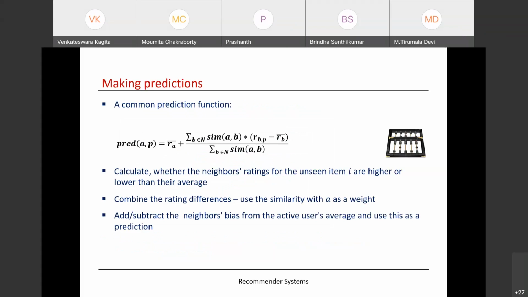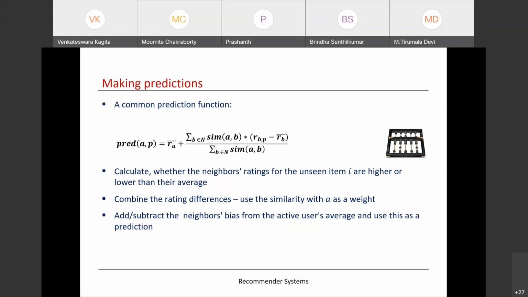Once we measure the similarity, how to make the prediction? We take the neighbors. Neighbors can be the top k neighbors, or those whose similarity is greater than a certain threshold, or you can sometimes consider all of them.